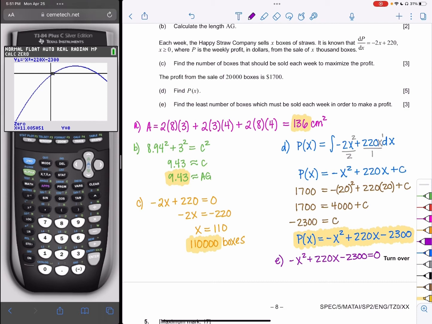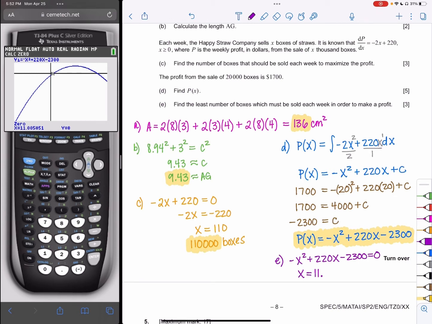So once I do that and I put it in the calculator, I ended up seeing that my X value is going to be equal to 11.005.